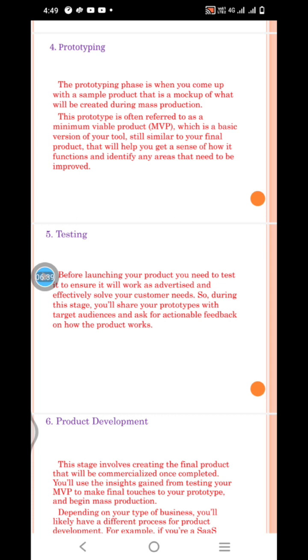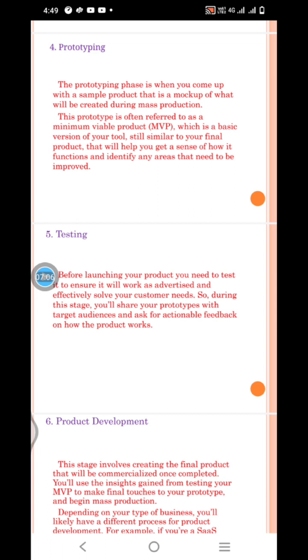Essentially, you want your product to be used in situations that are similar to real world use cases so you know exactly what works and what doesn't. Sometimes the results of your testing will require you to go back and make changes to your prototype as mentioned above.